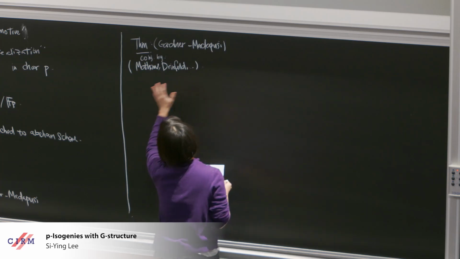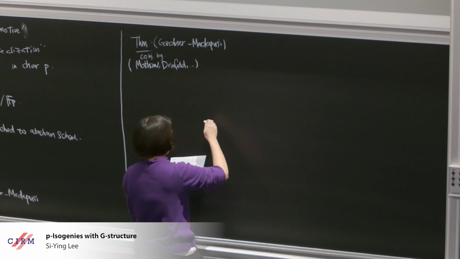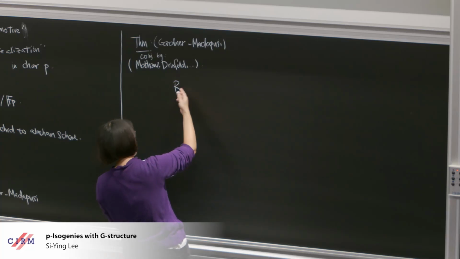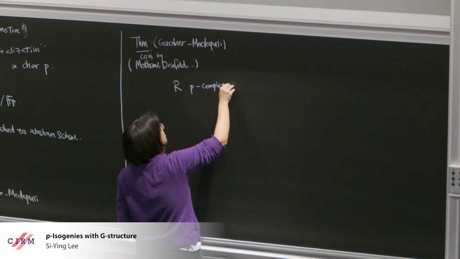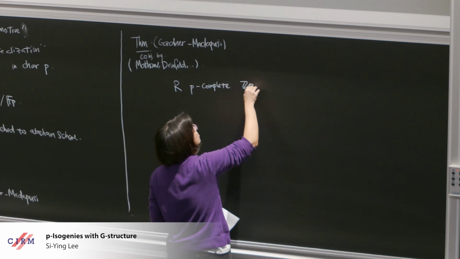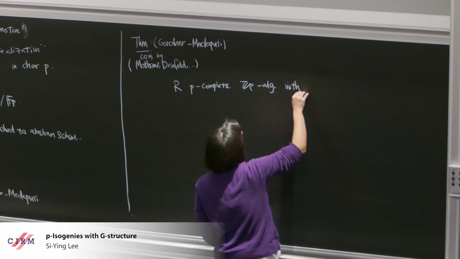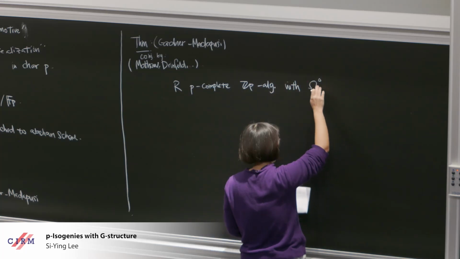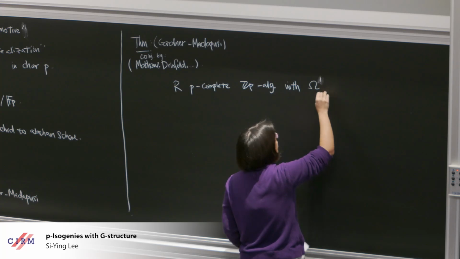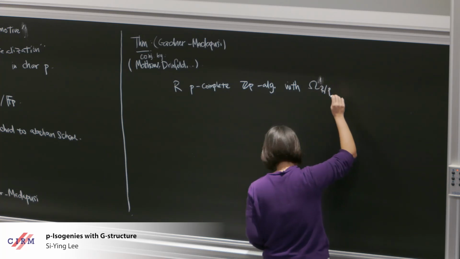And the reason why this F-gauges framework is the correct framework is because we know that if I'm working in the setting where R is a p-complete Z_p-algebra with some kind of finiteness condition. Essentially, the sheaf of differentials Ω^1 of R mod p is finitely generated.